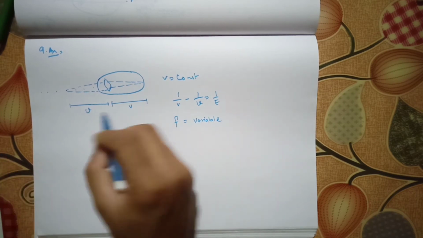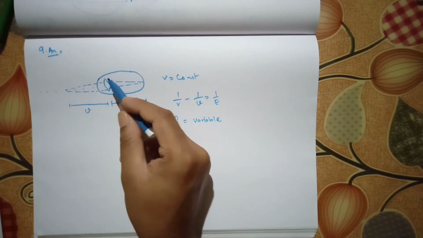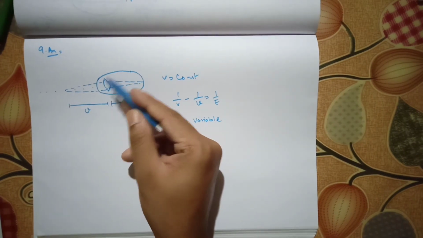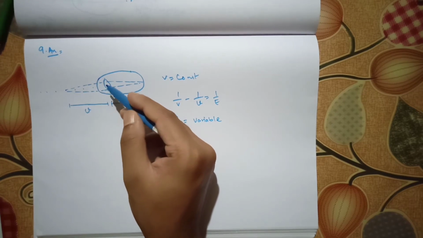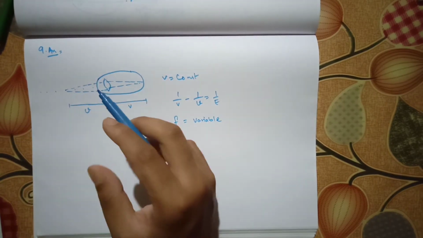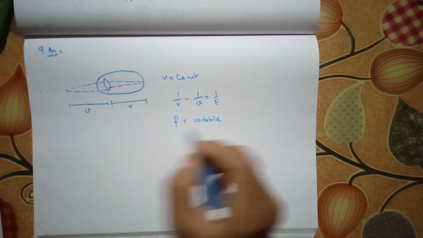Why? Whenever the object distance changes, the ciliary muscle will be relaxed or contracted to make the lens thinner or thicker at the same time to view the object's image.